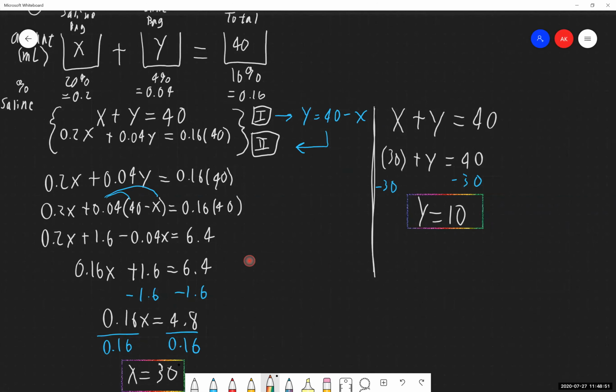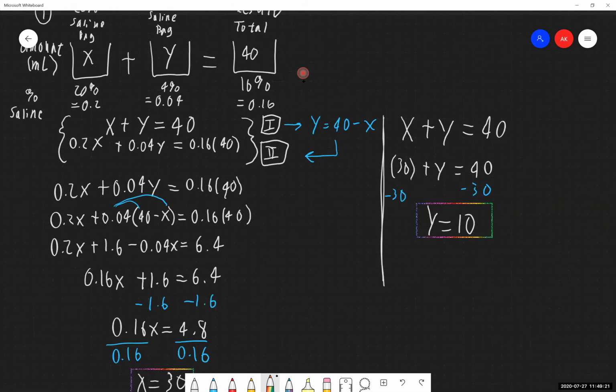We have 30 milliliters of the 20% bag, and we're going to use 10 milliliters of the 4% bag. That's going to give us our desired outcome here. And that's how we go through and solve a mixture problem when we are specifically working with percentages and concentrations.